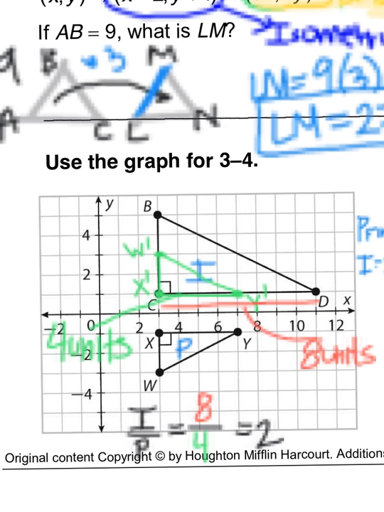I should check all my scale factors. In this case, it's 1, 2, 3, 4 units divided by 2, which is also 2 again. And if I did the distance formula from B to D, and also from W prime to Y prime, I'd find out that that's also 2. So that means that my shape is growing by a scale factor of 2.